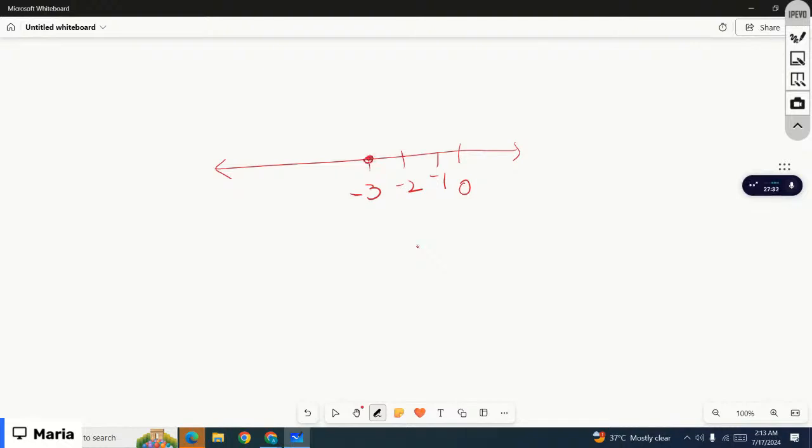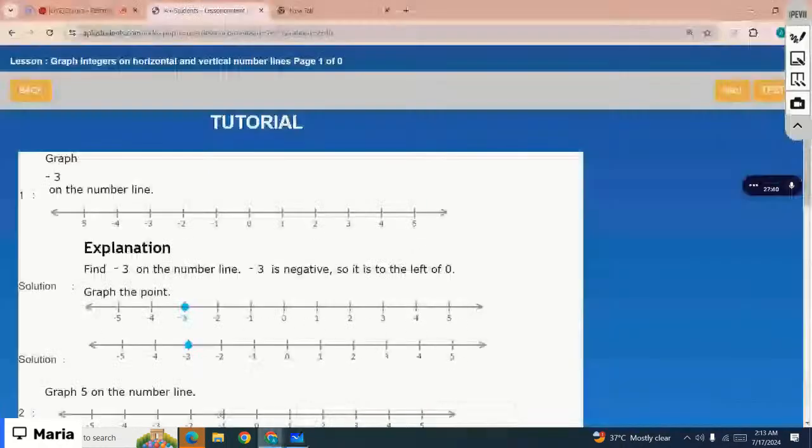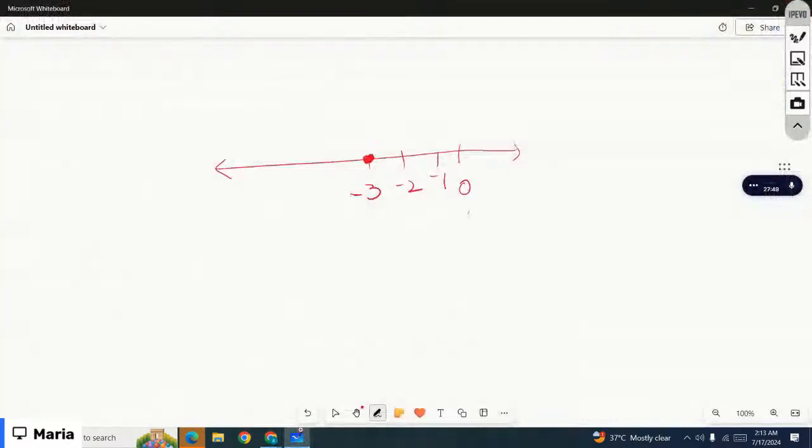We have to graph -3, right? So that would be on the left hand side of the 0, right? Here is 0. So then that number is negative. So that would be on the left hand side of the 0.